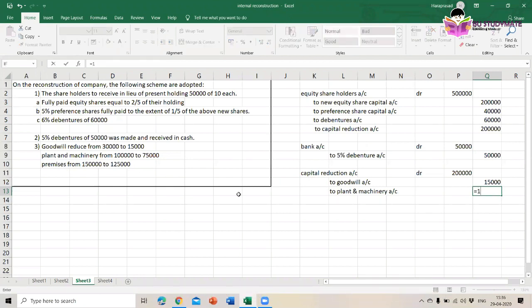Then the remaining amount will go to capital reserve. How much will it go? 2 lakh minus 15,000 minus 25,000 minus 25,000. Then it will come to 1,35,000.